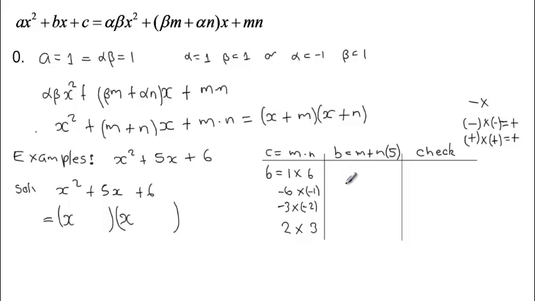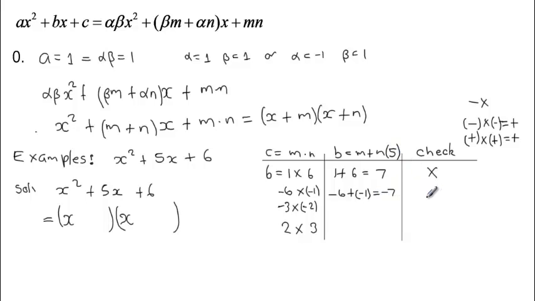Now what we need to do here now, we need to do this kind of addition and see if we can get our b, which is in the expression. Then we write 1 plus 6, this gives us 7. We check this against that, find that no, that's not what we want. Then we come to minus 6 plus minus 1, which gives us minus 7.